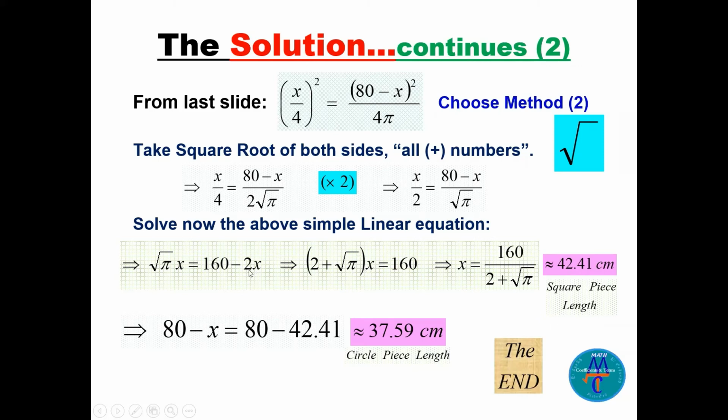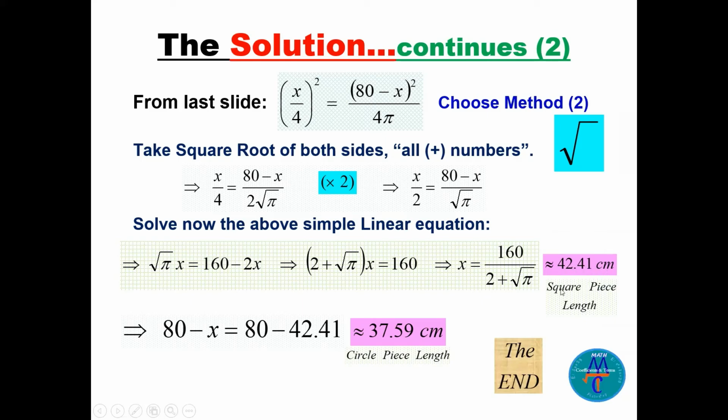So we have in the bracket 2 plus square root of pi, times x, equal to 160. What is x? 160 divided by 2 plus square root of pi. This is the value for x. Now, if you use a calculator, it will be approximately 42.41 centimeters.